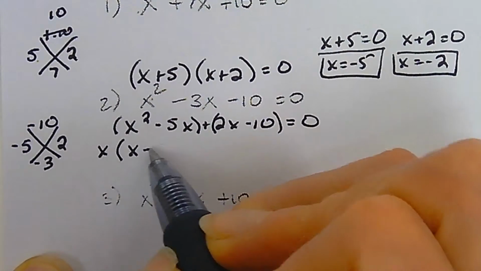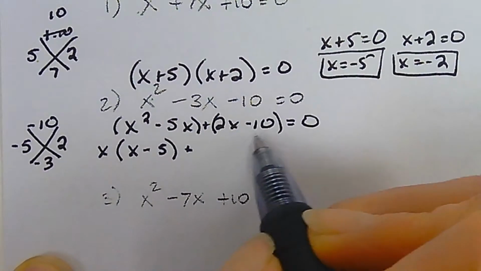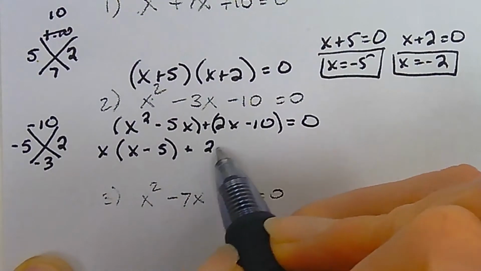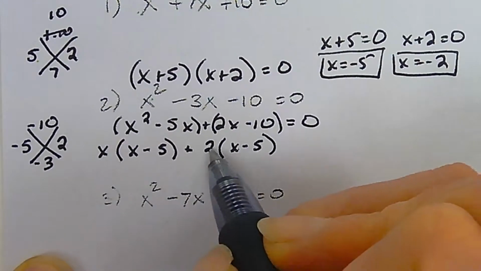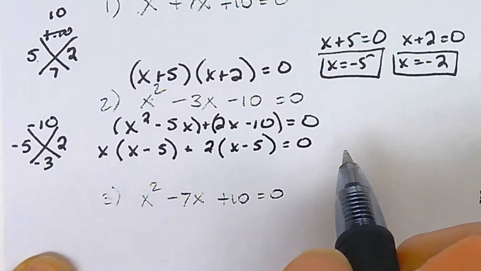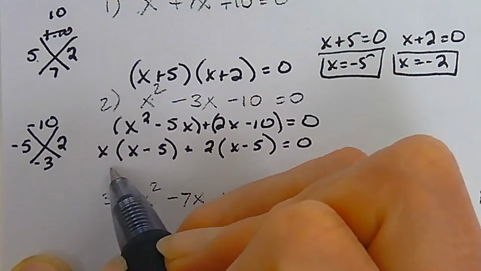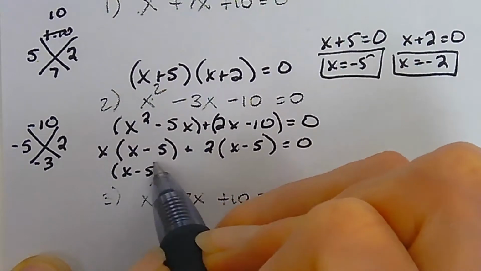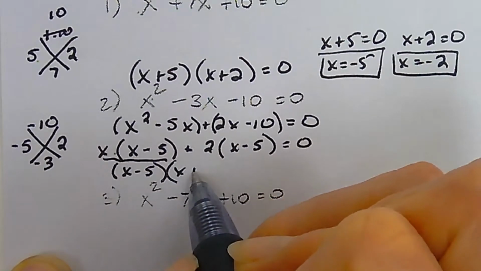I'm left with x minus 5, plus the common factor between 2x and minus 10 is 2. That's x minus 5 is left. 2 times x is 2x. 2 times negative 5 is negative 10. That equals 0. Almost done. Taking out the greatest common binomial, x minus 5, and left here with x plus 2.